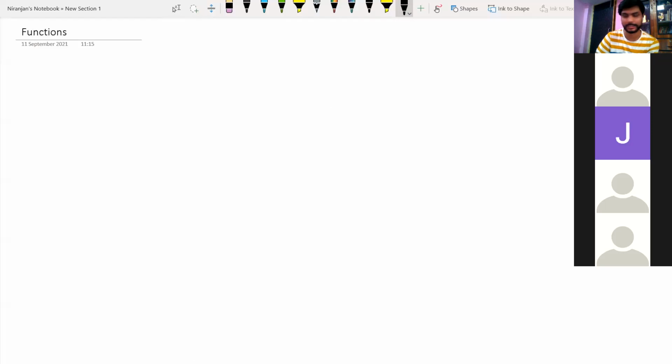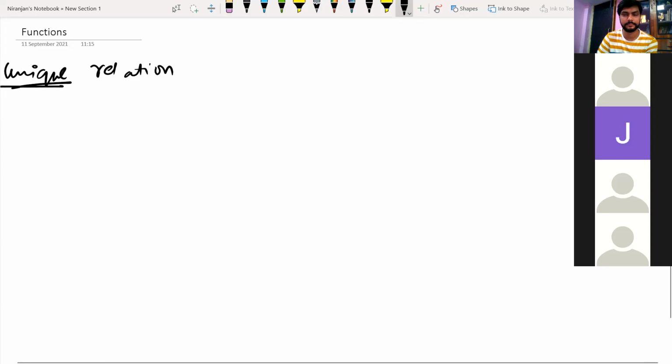You guys aren't clear about the concept. When you say relation, and when you define a function, you need to use the word unique. Why should I care about unique? Someone used it, right? That was the correct definition, a specific relation.